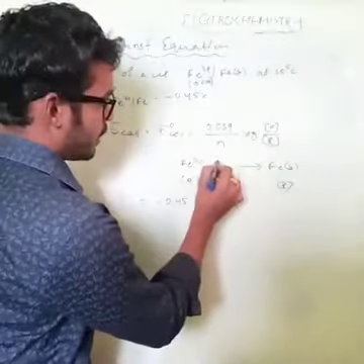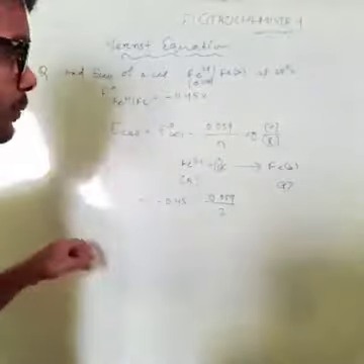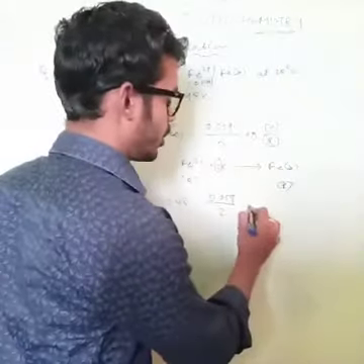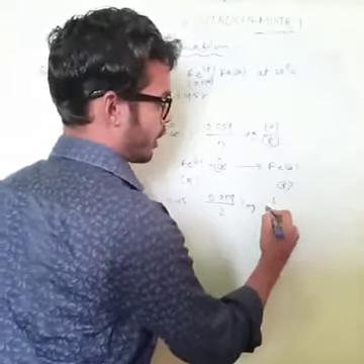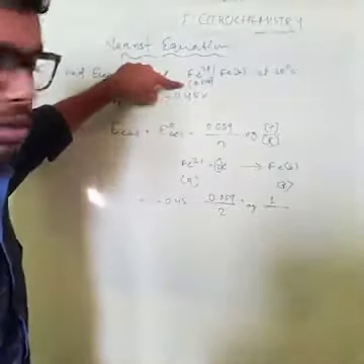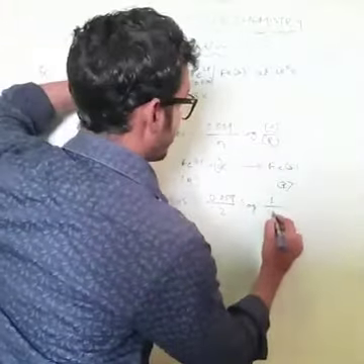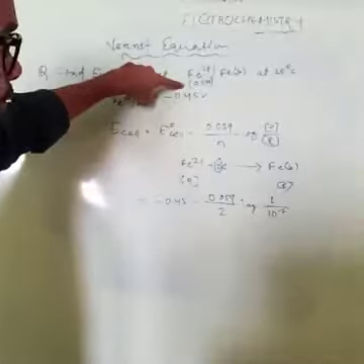What is n? The number of electrons is 2. Log of the product concentration, Fe, that is 1, by the reactant concentration, Fe2 plus, given in your question as 10 to the power minus 2.